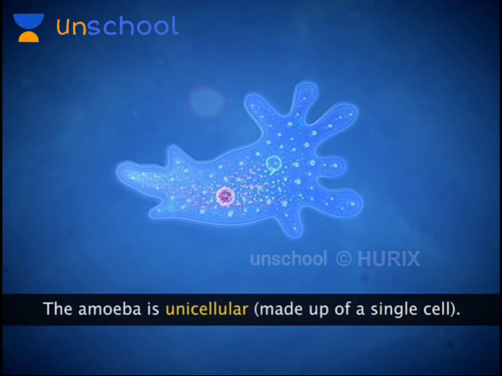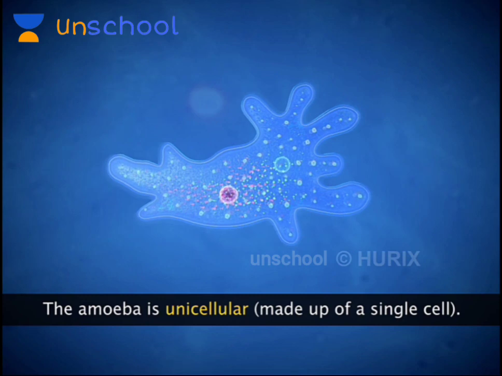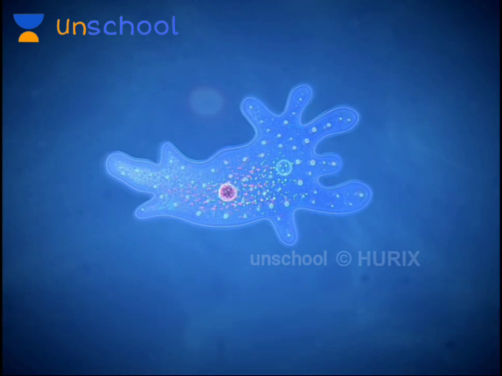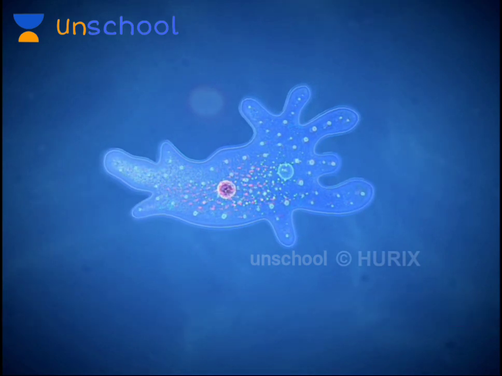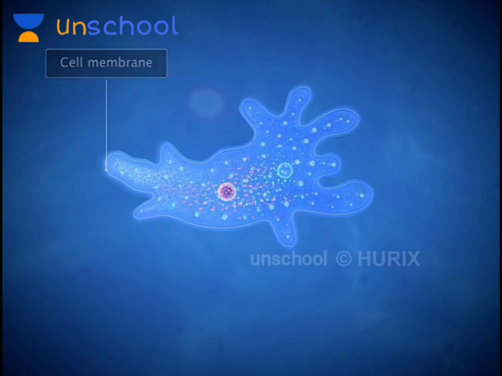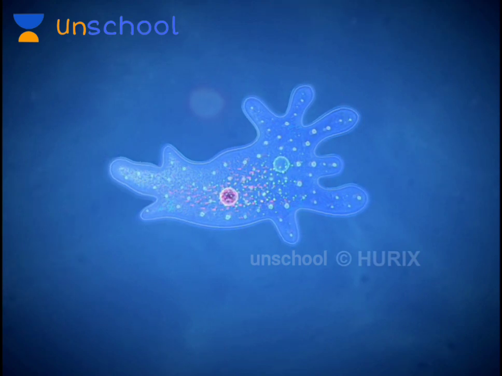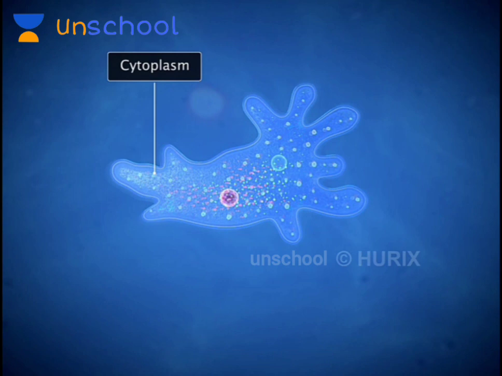The body structure of an amoeba is very simple. It is made up of a single cell, so it is a unicellular organism. Its body is covered by a flexible cell membrane. Inside, it is filled with a jelly-like fluid called cytoplasm.